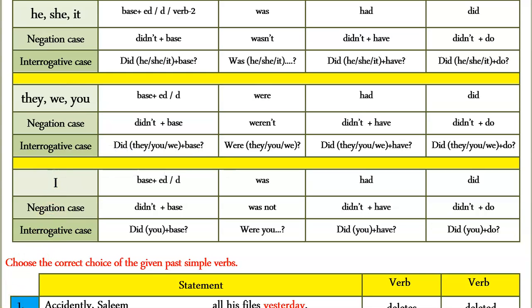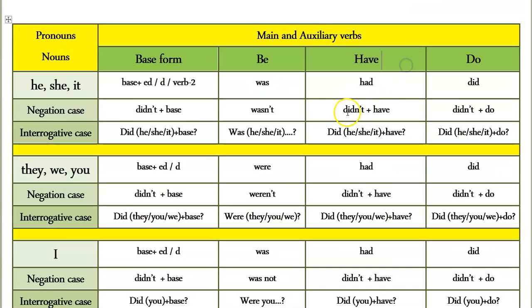Okay? Now, as a reminder, in case of the negation, negated verbs, whenever we use did, it is followed by the base form. Again, this applies also to the verb to have and verb to do. So didn't have, not has or had, and didn't do.